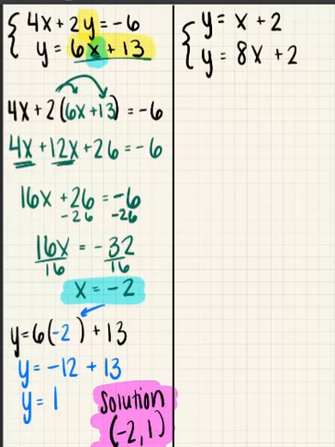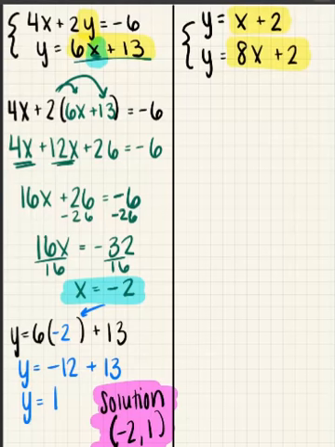But since we're doing substitution, I want to talk about the fact that this says that y equals this, and this says y equals this. That means that both of them are equal to each other.